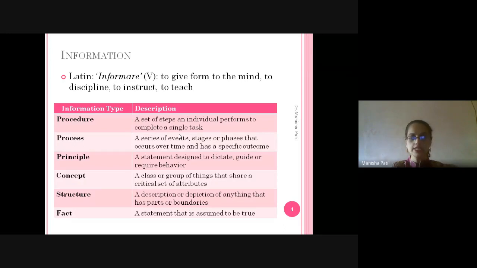Process, a series of events, stages or phases that occurs over time and has a specific outcome. Its best example that we have seen is process of communication in your unit number 1.